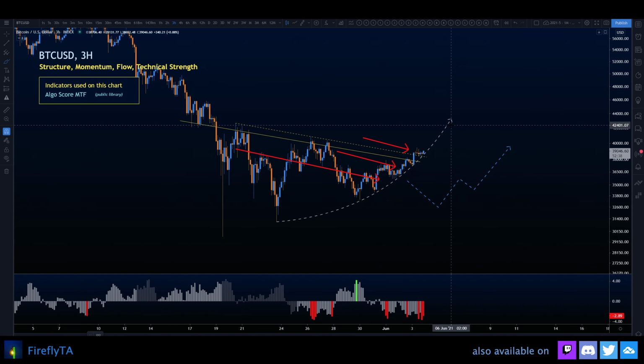Here's a closer look at the parabolic structure we are in, and bulls are riding this parabola very nicely. I must say I'm impressed by how well they are holding this, given the fact that there is a strong force pressing against price here. I'm explaining this with an analogy.